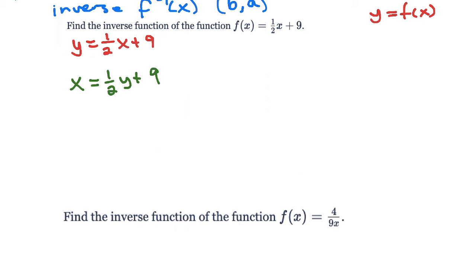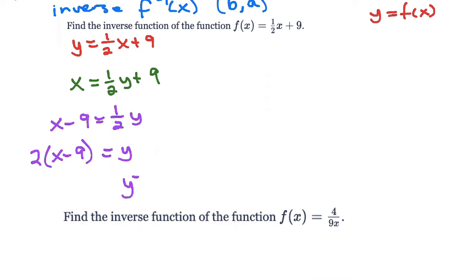Step 2 says go through using algebra and solve for y. If I don't skip any steps, the first step I would do is subtract 9 from both sides. Next, to get rid of the 1/2, I'd multiply by 2. And that's it. Now I'm going to use the inverse notation.